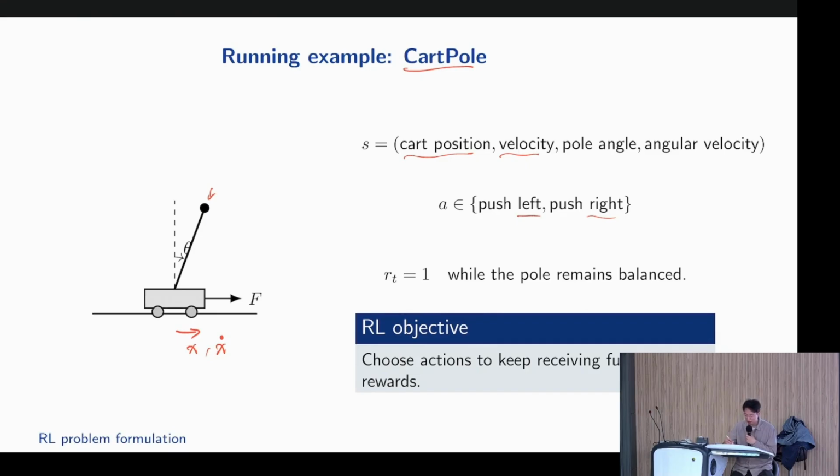And the angle is theta, and angular velocity is theta dot. And the reward is 1 while the pole remains balanced. So you want to balance the pole at the upright position where theta is 0. How do you do it? By pushing the cart to the left and right at each time step. And the objective is, at a given state, choose the action to keep receiving the future rewards.